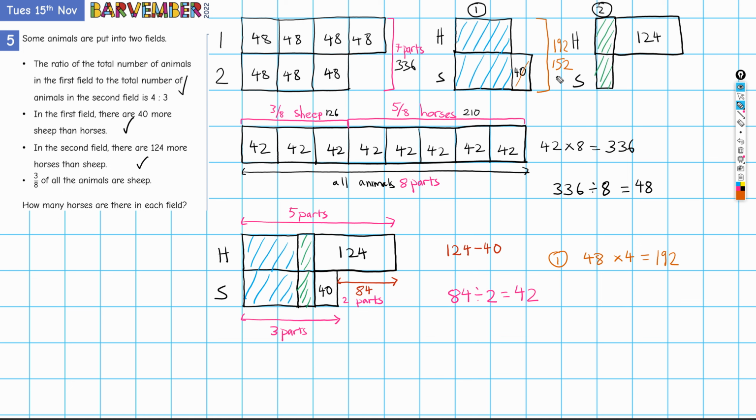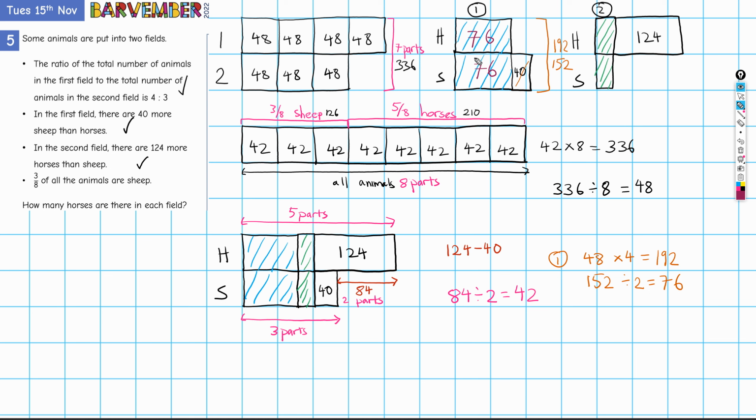And if we then divide that by 2, 152 divided by 2 gives us 76. That is the value that we can put in. I think I'm going to change color here. So I now know that each of these has a value of 76.